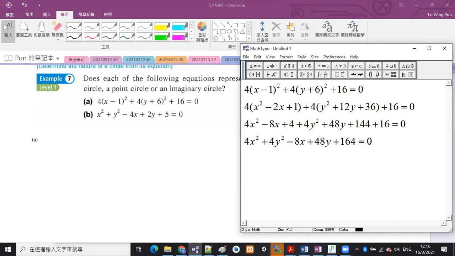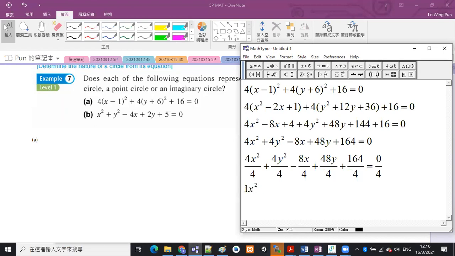Okay, but we are not ready to write down the d value, e value, and f value because it is not 1x squared plus 1y squared yet. So we need to divide every term by 4. Okay, like this. Okay, and then calculate.